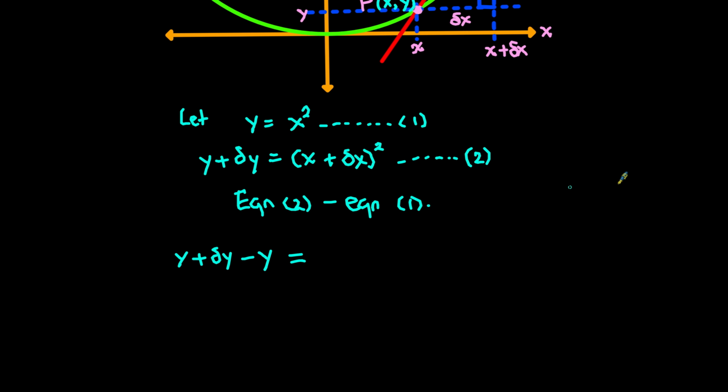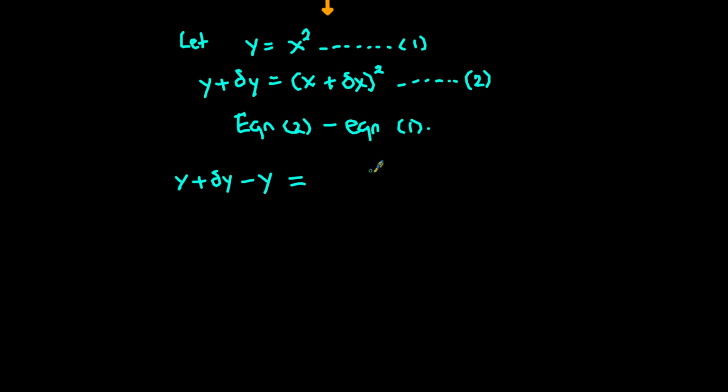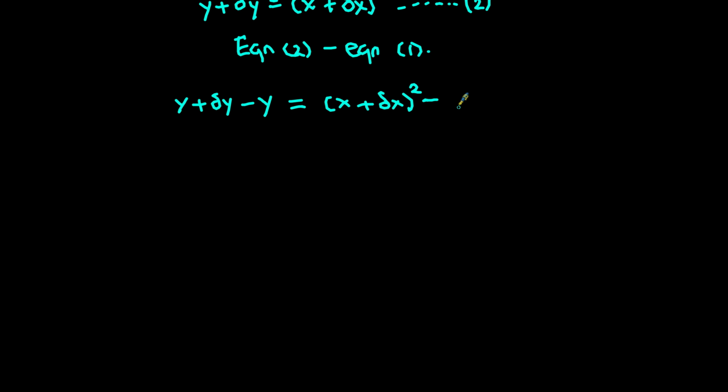The right hand side of equation 2 has the quantity x plus delta x to the power of 2, minus the right hand side of equation 1, which is x squared.